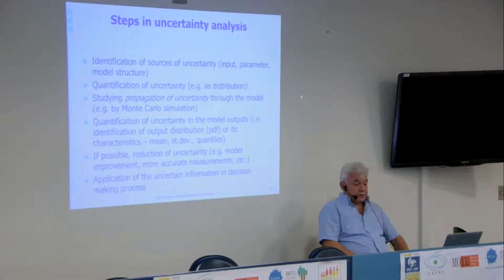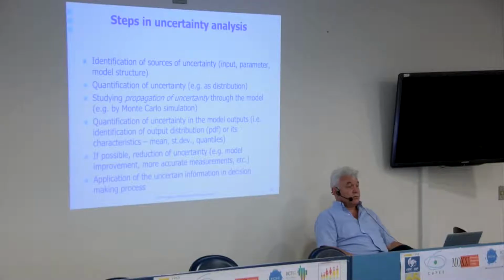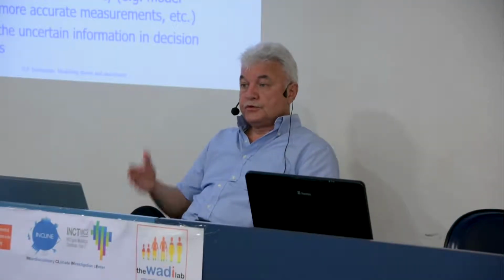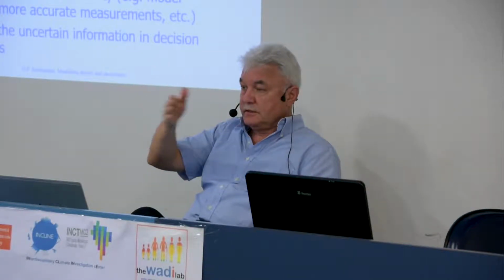So where do we take these probability density functions from? Big question. We don't know them. Typically, we don't know PDFs of uncertainty. If we know them, that's great, but often not. So we have to assume something. How to guess or make an estimate of this probability density function? For example, if you use rainfall forecasts as input to your model, you could study the error of this forecast in the past.